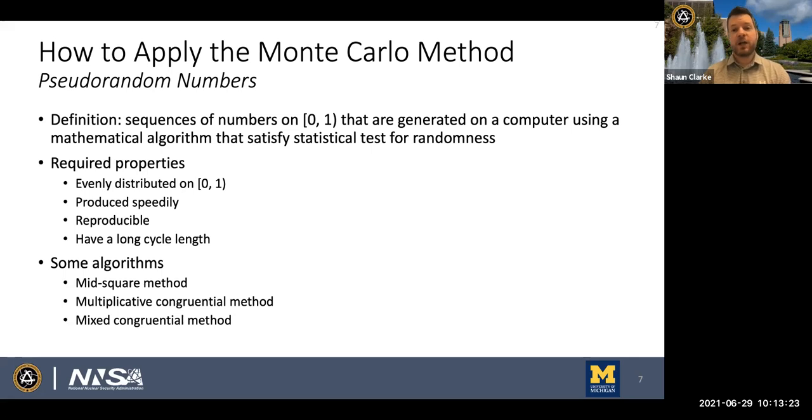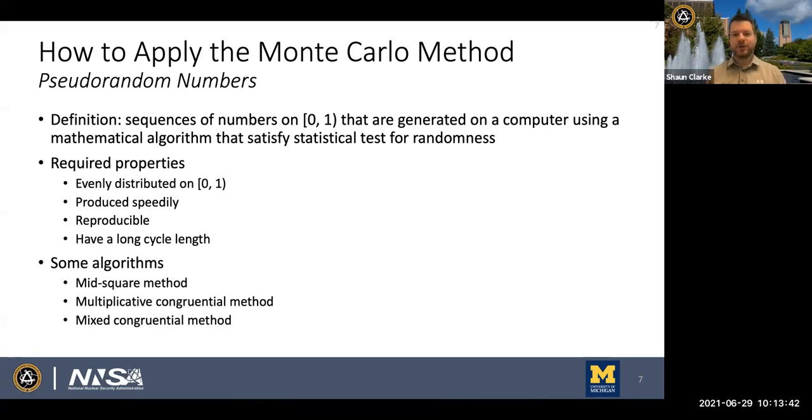So every random number that the code generates is dependent upon the previous random number, which means they're not truly random. But there are a number of statistical tests that one can apply to ensure that the random numbers that are being produced are sufficiently random.